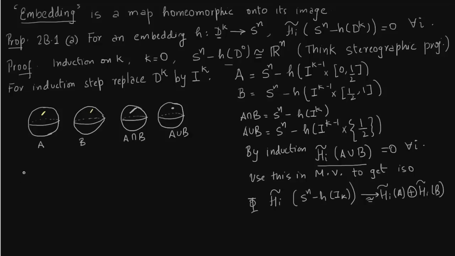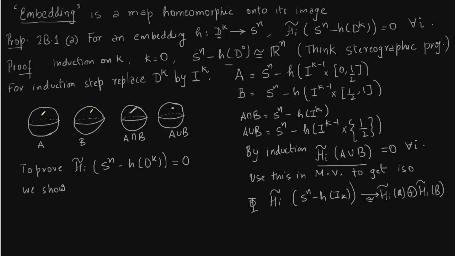So in the long exact sequence, the A union B terms are 0, and therefore we have that isomorphism. That is precisely what we are going to use. So we are transferring the problem from S^n minus I^k to A and B. This is what we have to prove, where we have replaced D^k by I^k.